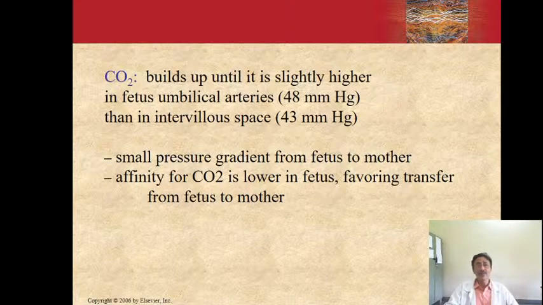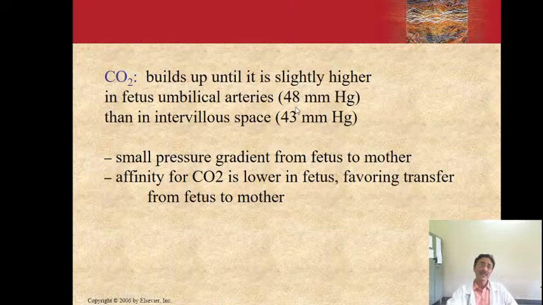So there is a small pressure gradient forcing the carbon dioxide to go through diffusion from a higher concentration area to a lower concentration area. If you see here, 48 mmHg is the higher partial pressure in the umbilical arteries, and the lower partial pressure of carbon dioxide in the intervillous space is 43.